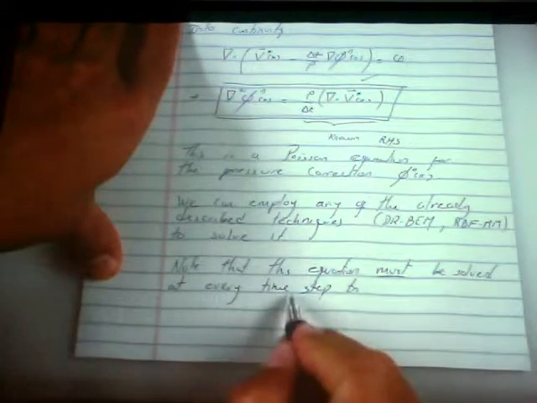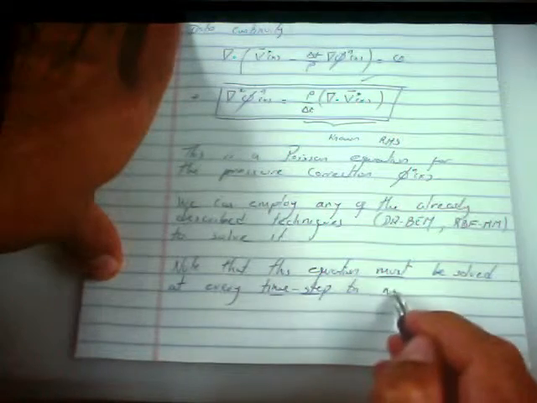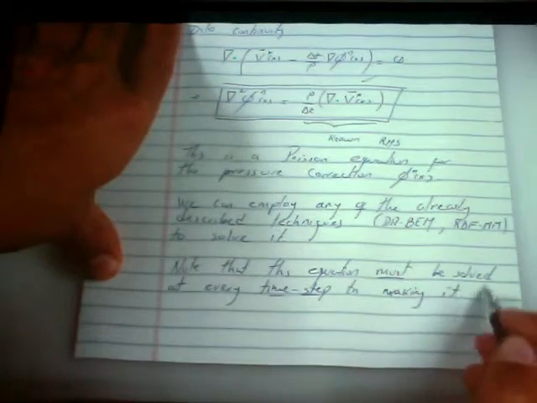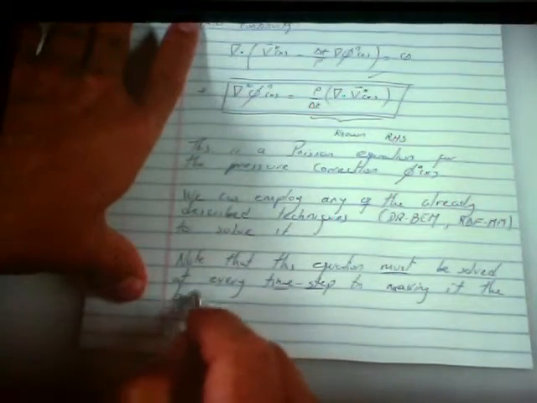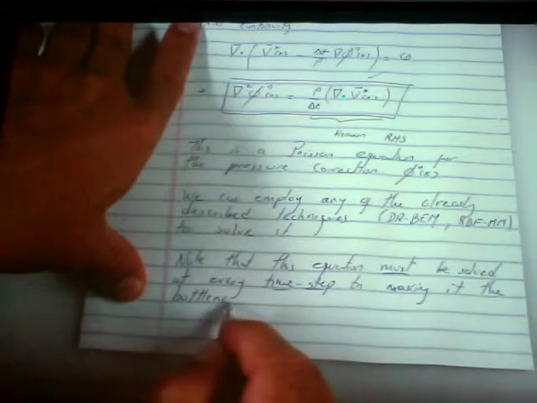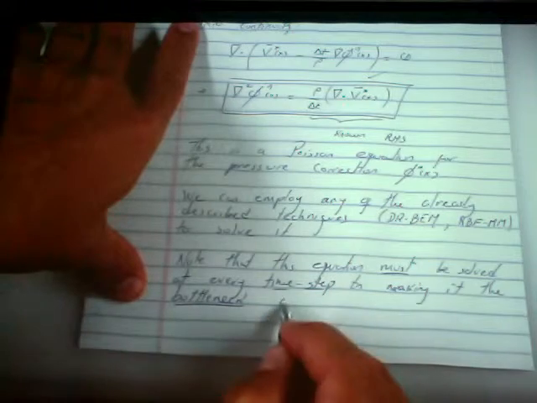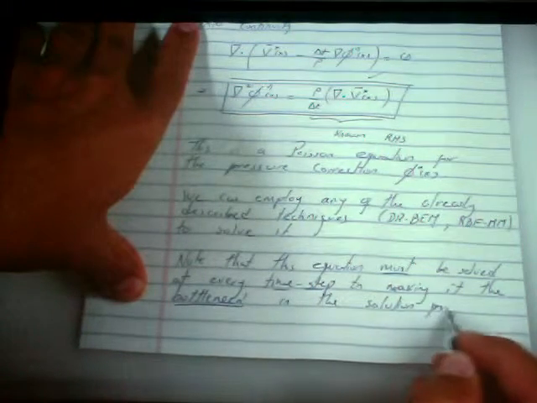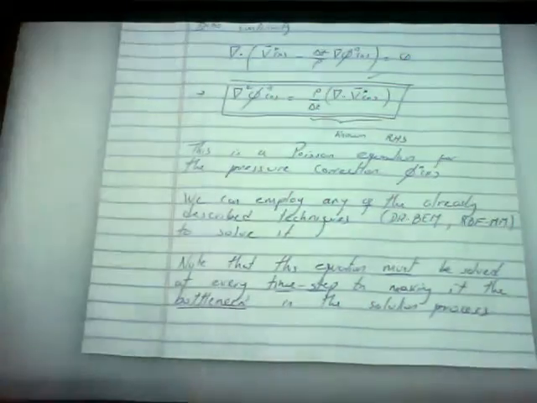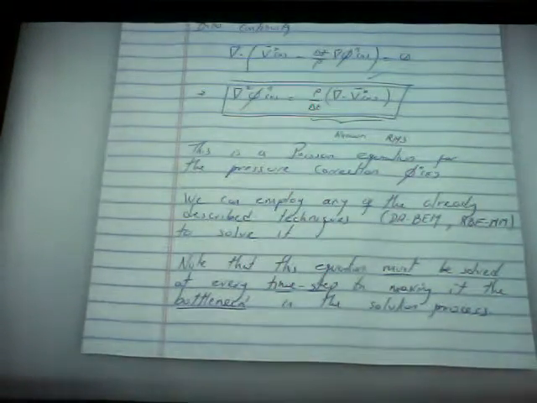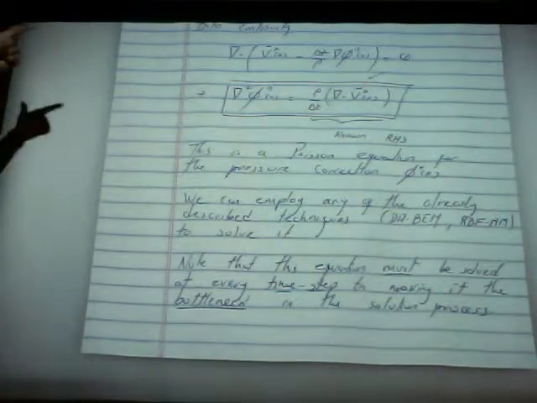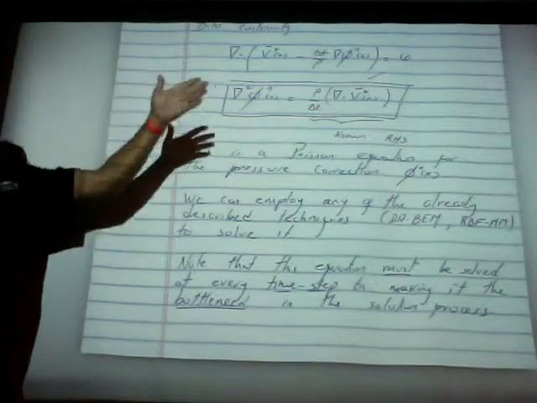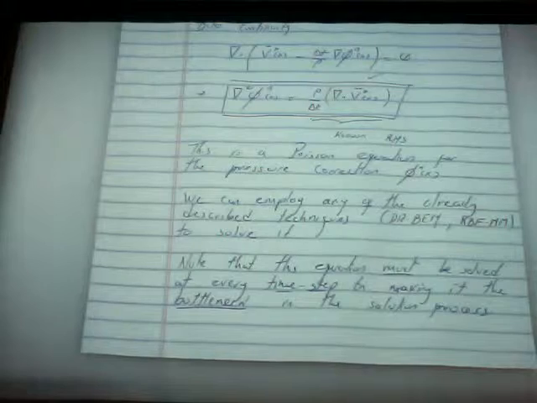Again, making it the bottleneck in the solution process. Right? Because every time you want to advance in time, you need to solve for a new phi. And to solve for a new phi, you need to solve a Poisson equation. You know how long that takes. We know how long that takes.